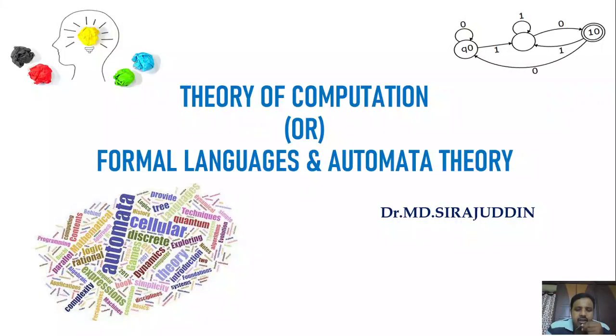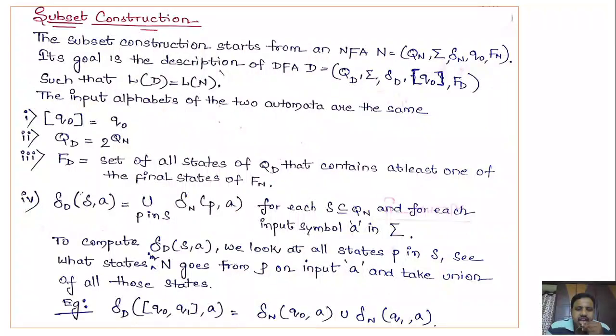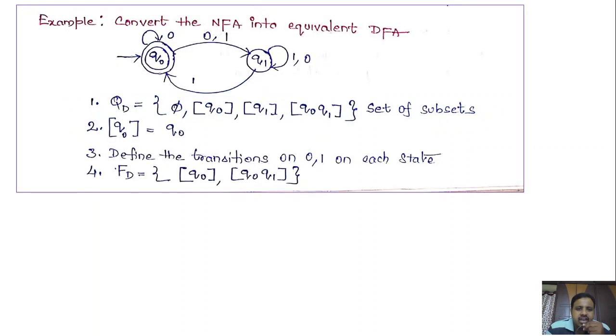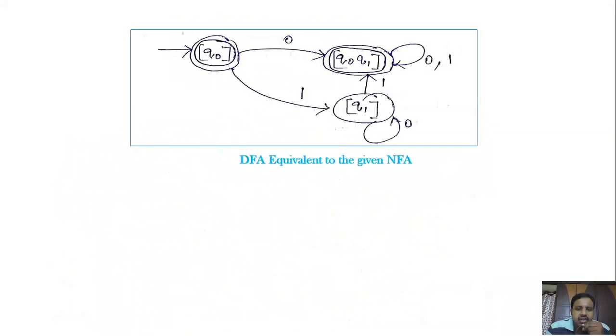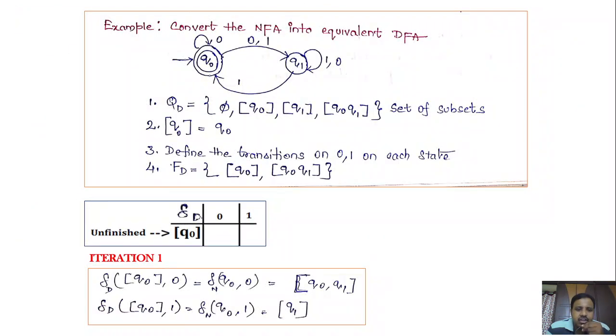In the previous session, we discussed the equivalence of NFA and DFA, and we discussed the subset construction algorithm that we use for converting the given NFA into the DFA. These are the problems which we solved in the previous session, where we converted the given NFA into the DFA. We used two methods for that conversion.